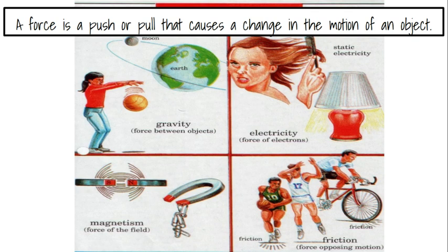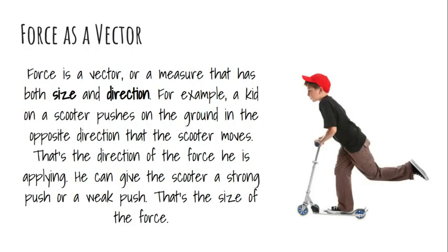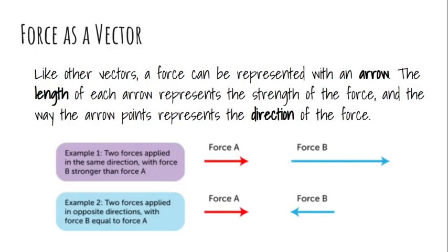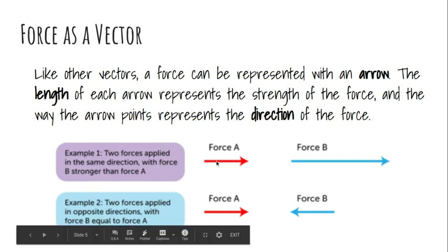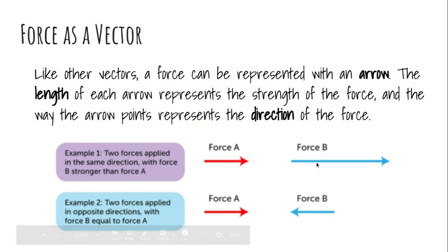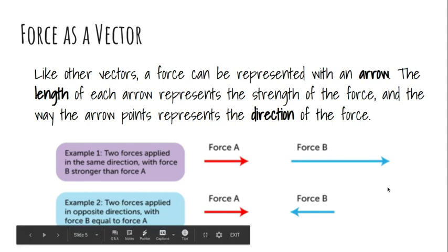As long as it pushes or pulls and causes a change or could cause a change, that's a force. We know that forces have both a size and a direction, meaning it depends on the strength of the force. When we are showing it with an arrow, if it's a bigger force, it gets a bigger arrow, and the direction shows the direction of the force.